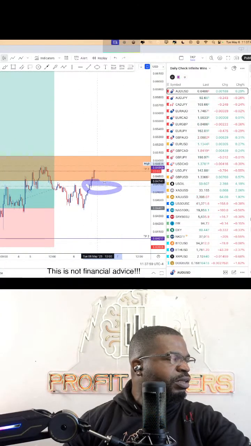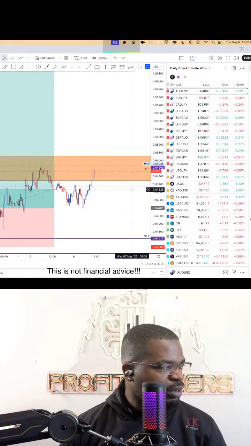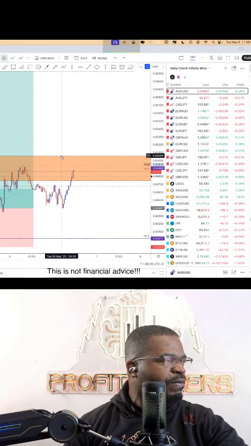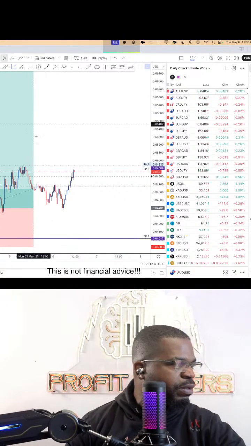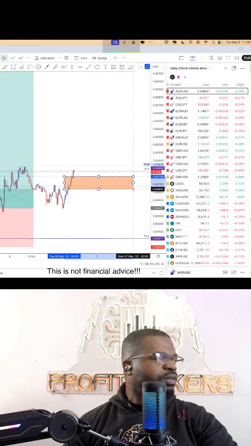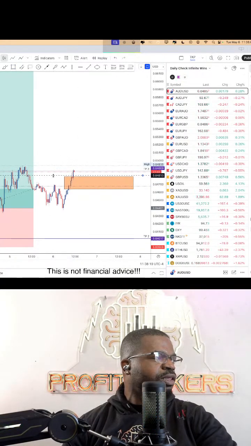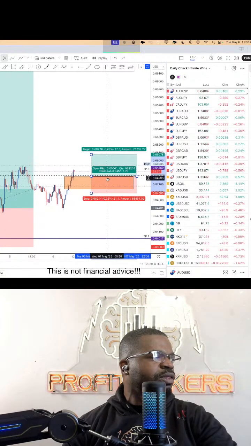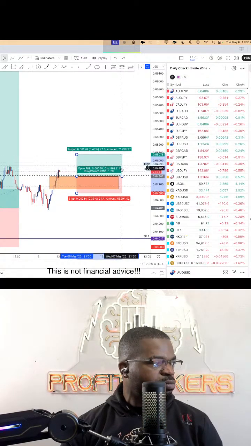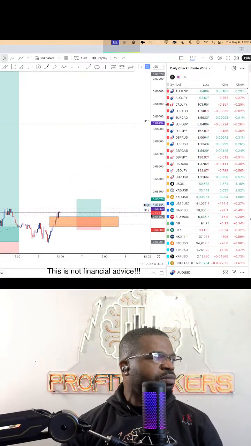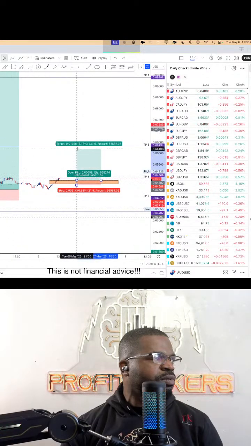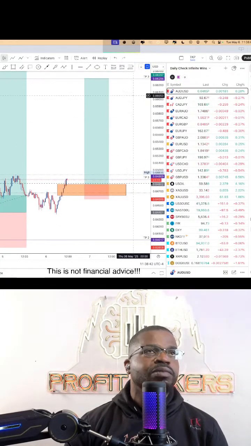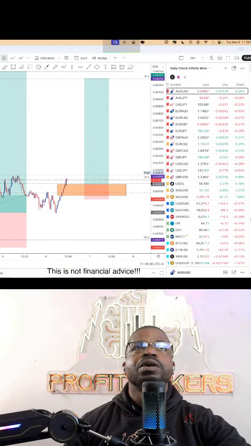If price retests this area and holds, we can add another position right here. We got that limit order set.